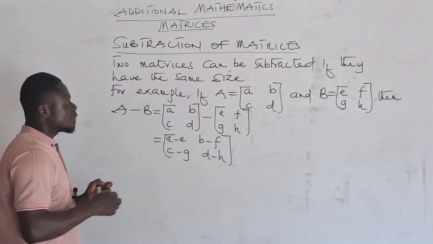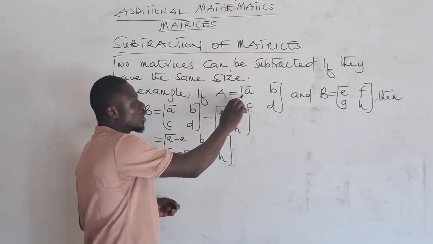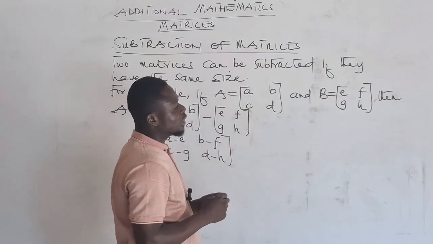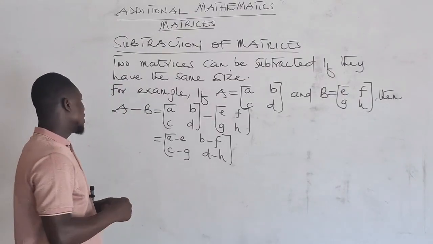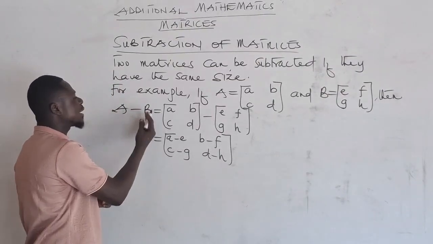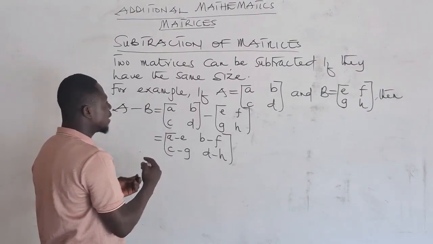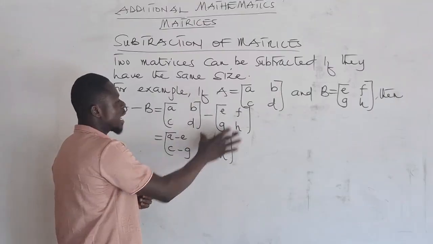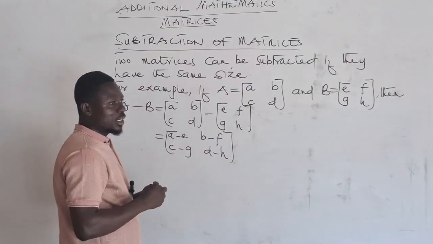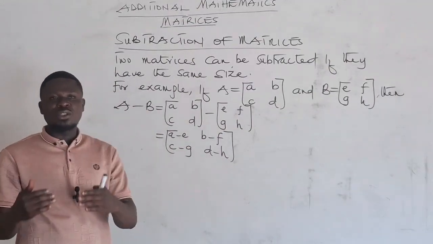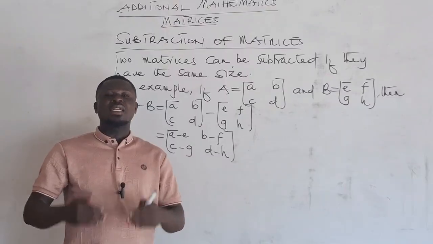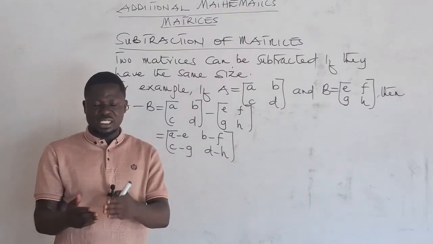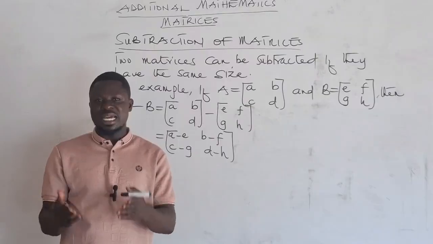Now let's look at this. If matrix A is equal to A, B, C, D, and matrix B is equal to E, F, G, H, then A minus B, subtracting B from A, will be matrix A minus matrix B. And the only way to do your subtraction is to subtract the corresponding entries or the corresponding elements.